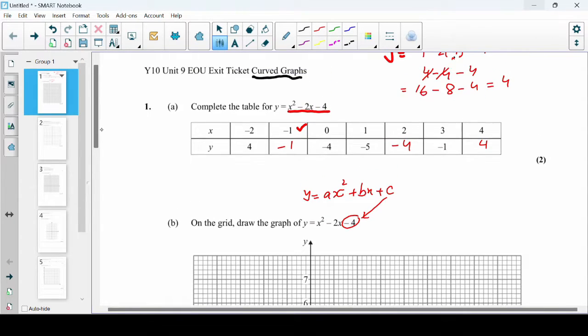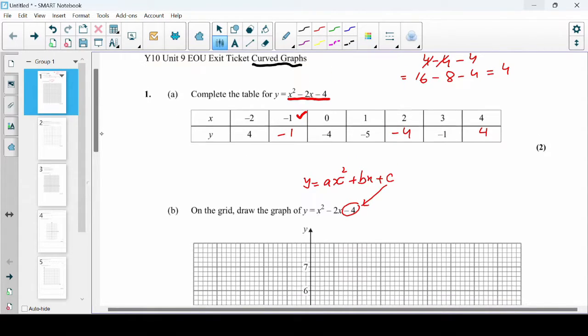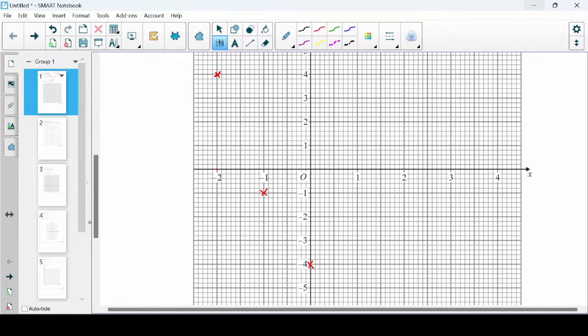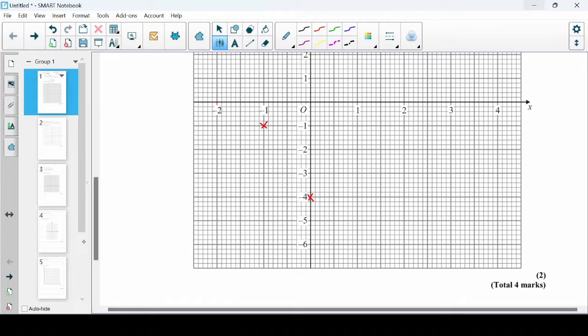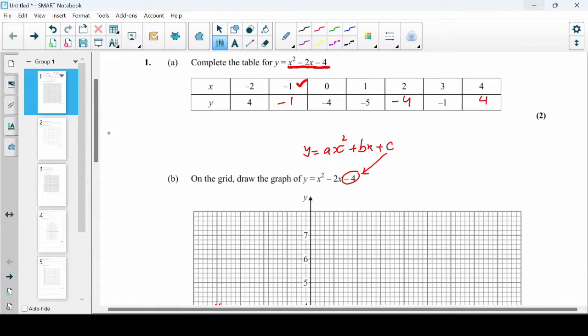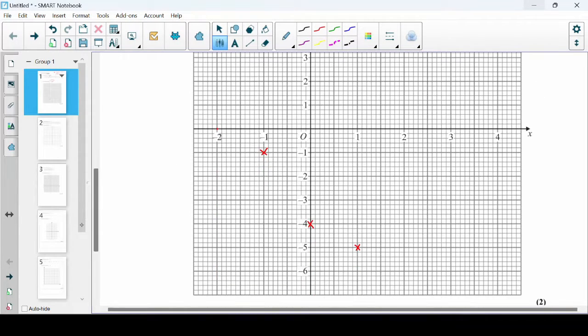And the next point is 1 and -5. So 1 and -5 is here, and then the next point with us is 2 and -4.